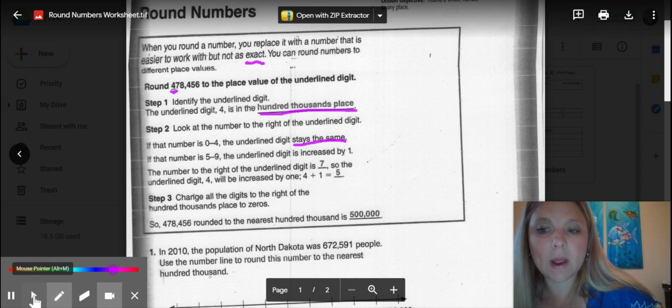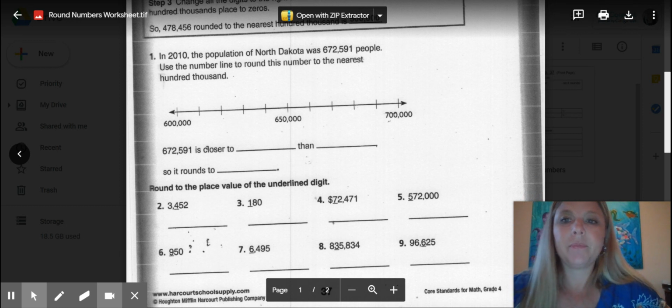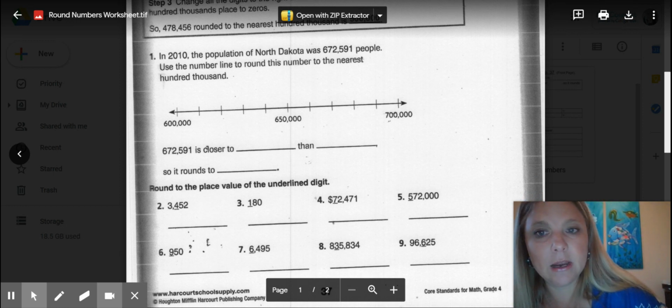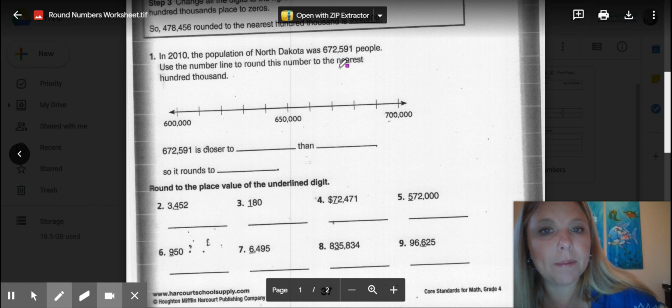Okay, so let's move down to question number 1 on your worksheet. In 2010, the population of North Dakota was 672,591 people. Use the number line to round this number to the nearest 100,000. If I wanted to put this number on the number line, where would I place it?